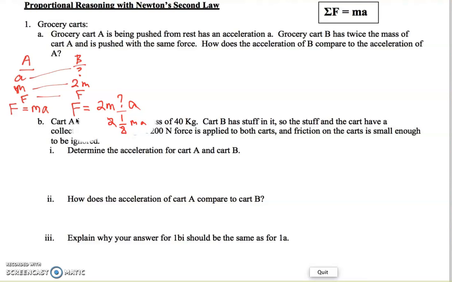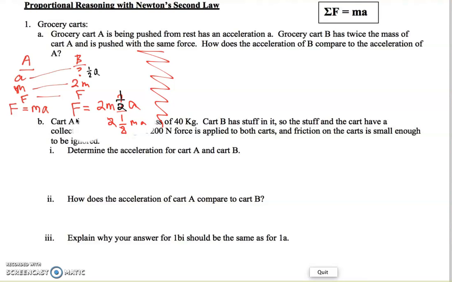So that means B's acceleration is 1/2 the acceleration of A. It's confusing that it's cart A and cart B, I know. That's the way I typically think about this problem. It's my favorite way of thinking about proportional reasoning.